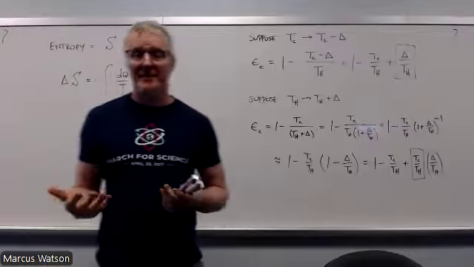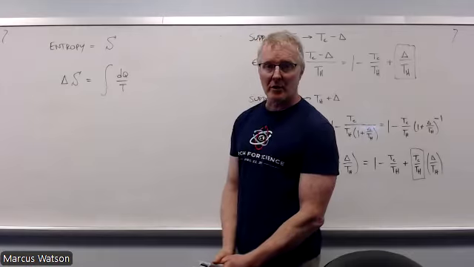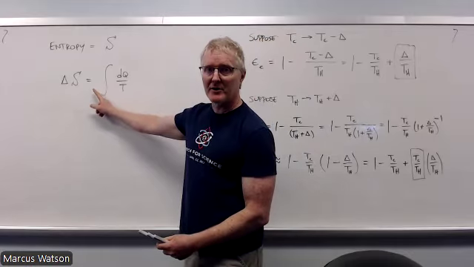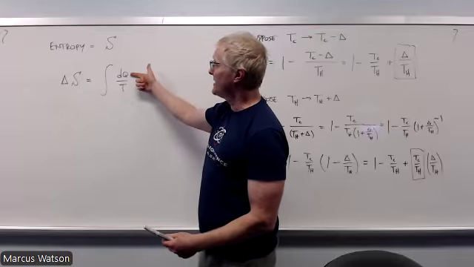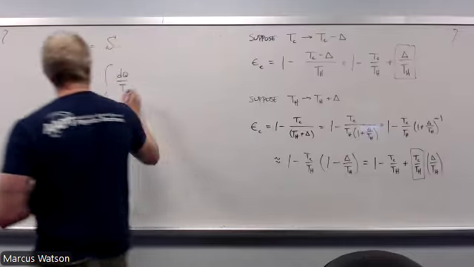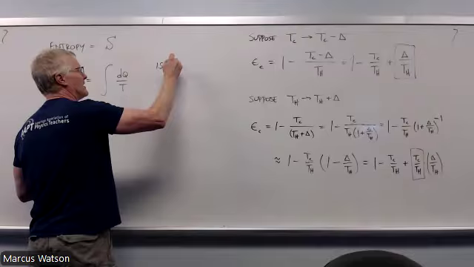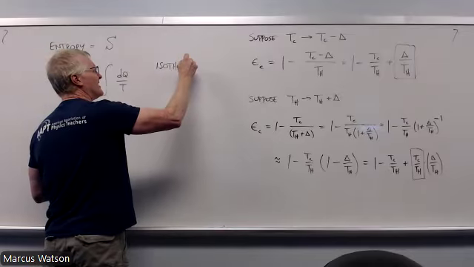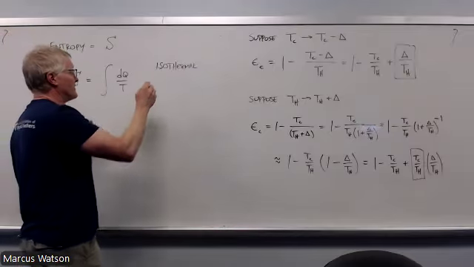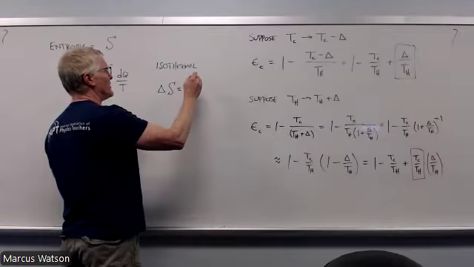Now, for example, if this is a process that is isothermal, then my temperature can hop out of the integration here. And really all I get is an integral of dq. So for isothermal, I can come up with a really quick and easy way of figuring out what the change in the entropy is between two isothermal points.